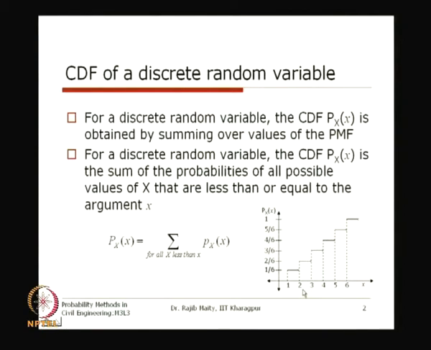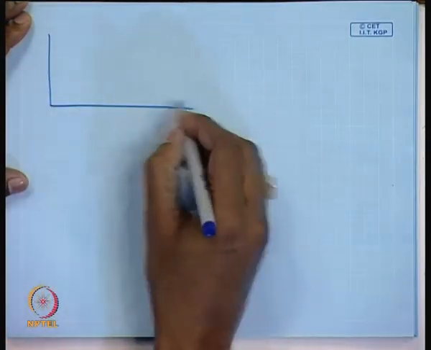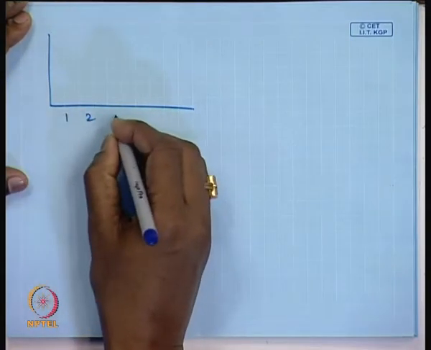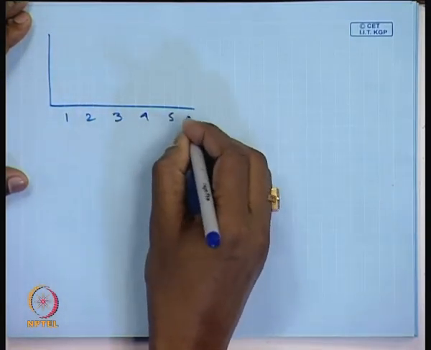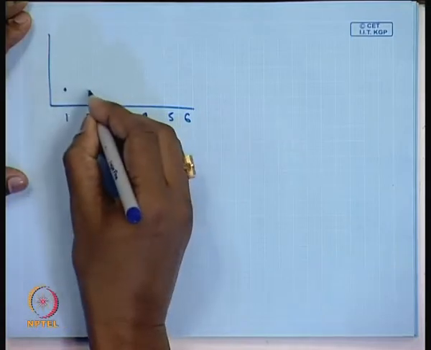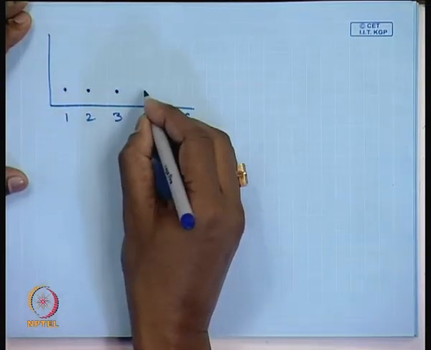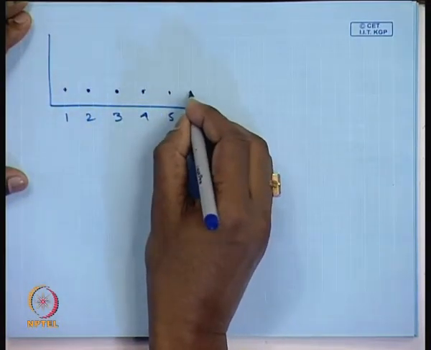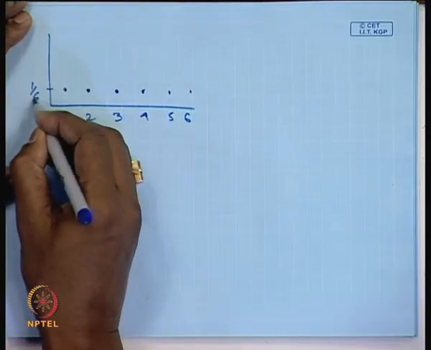So this is now concentrated. In the last class we have seen that its PMF looks like this, where these are 1, 2, 3, 4, 5 and 6, and all are concentrated masses, and these are all equal to 1 by 6.